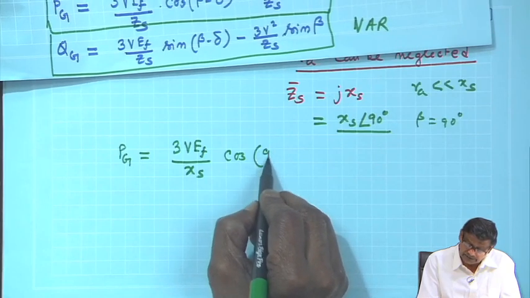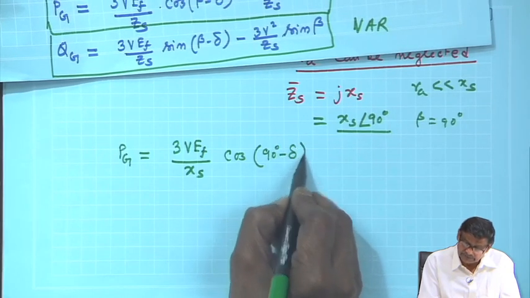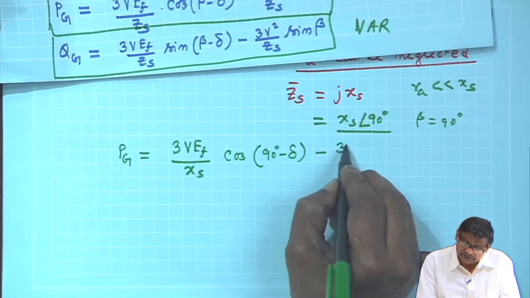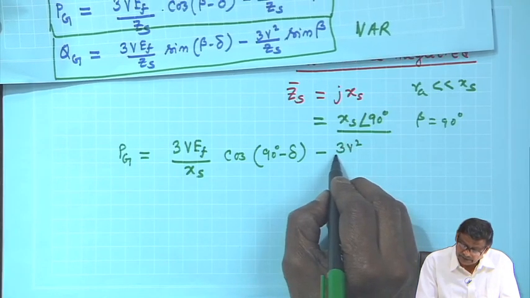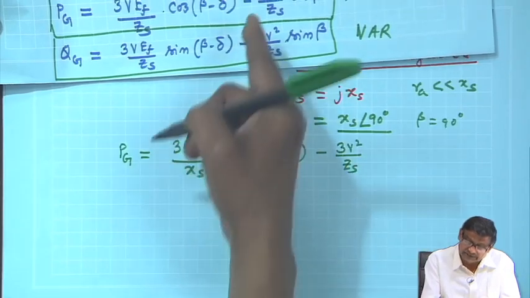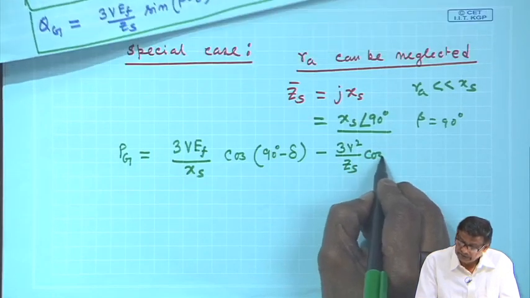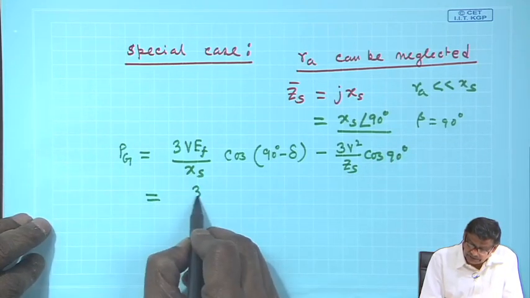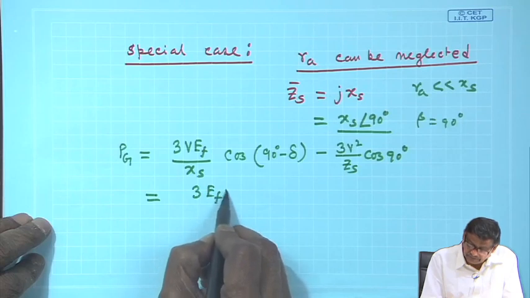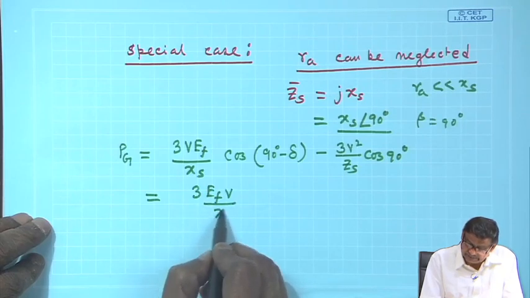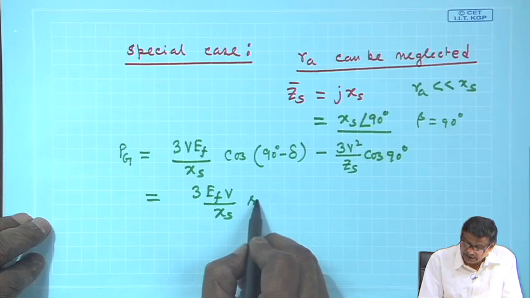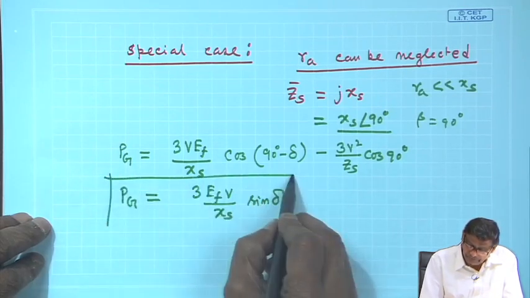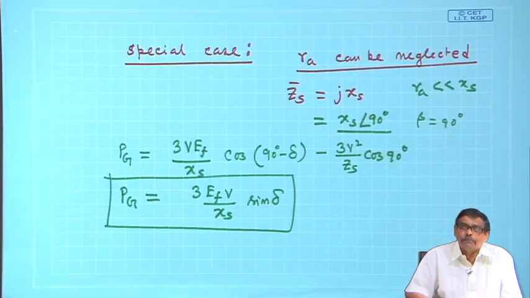So, 90 degree minus delta, and then minus 3 V square by ZS into cosine 90, which will be 0, and this will be equal to 3 EF by V excess synchronous reactance into sin delta. That is the thing. This is one of the formula worth remembering.